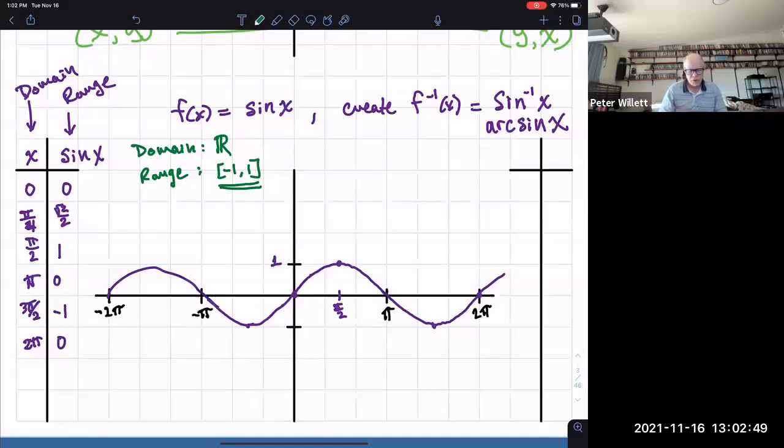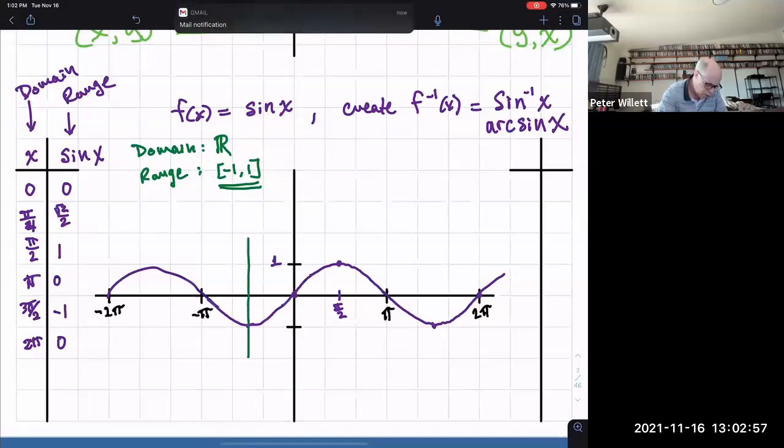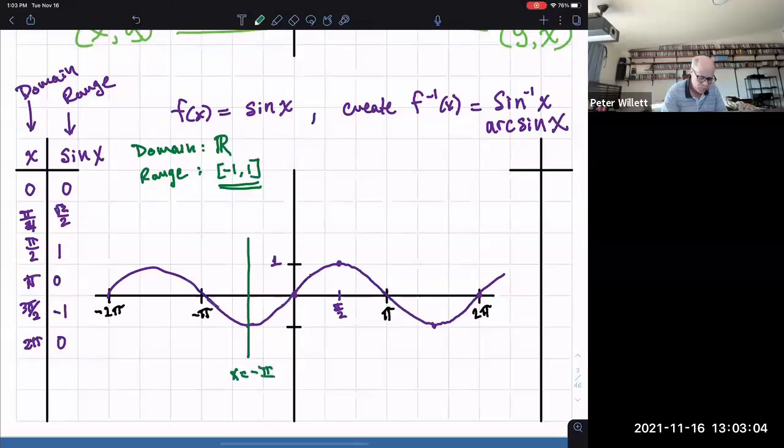And so it turns out that the way they choose to do that as a default is that you start on the left here, where X is equal to -π/2.